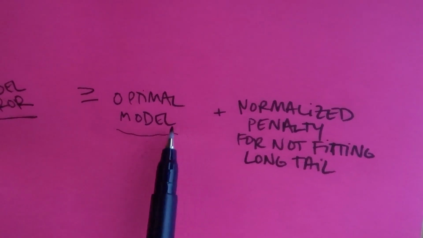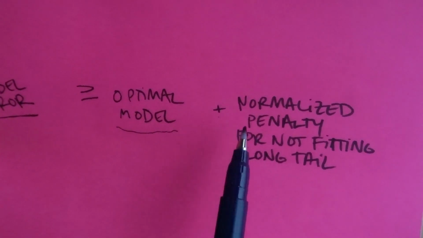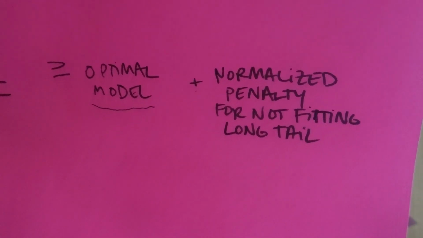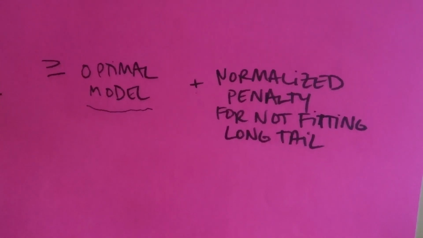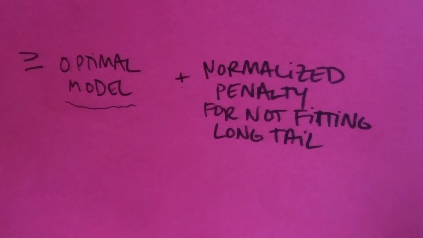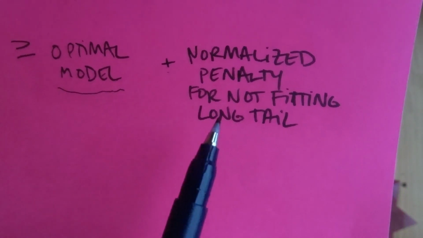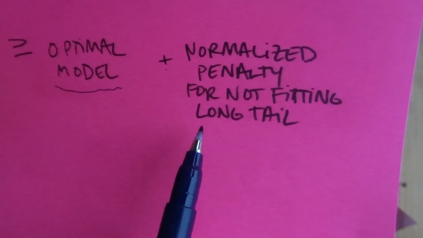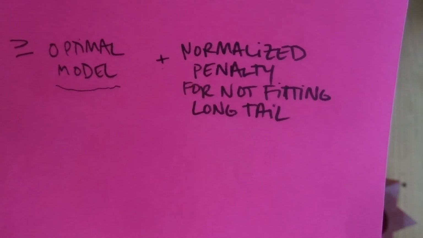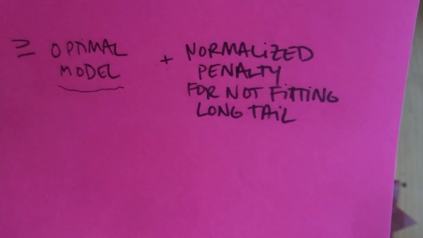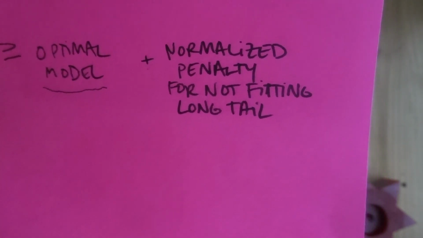And then that optimal model score plus some sort of normalized penalty. It's normalized based on some properties of the data set and properties of the task. But this is a penalty for not fitting the long tail, in the case that we're looking at with Feldman's paper, although now it's been proven out for a few other distributions.